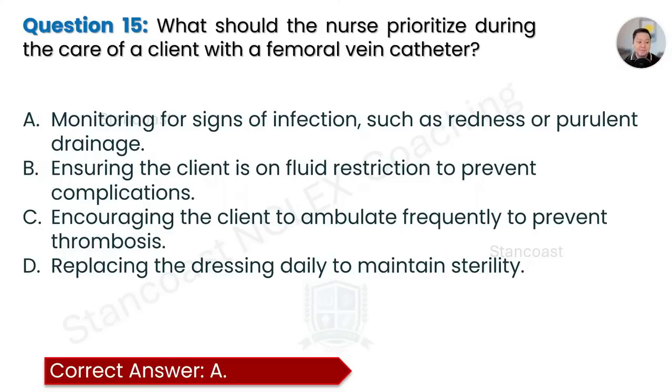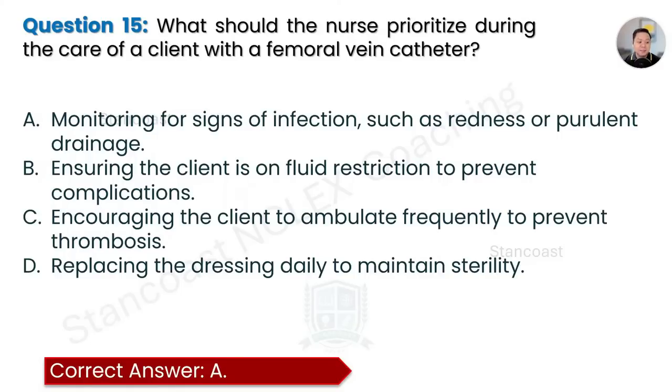Now, letter C is also another incorrect option. Ambulation is encouraged to prevent complications such as venous thrombosis. However, there is a catch. You must ensure the catheter is secure to avoid dislodgement. And so preventing infection takes priority over promoting ambulation.